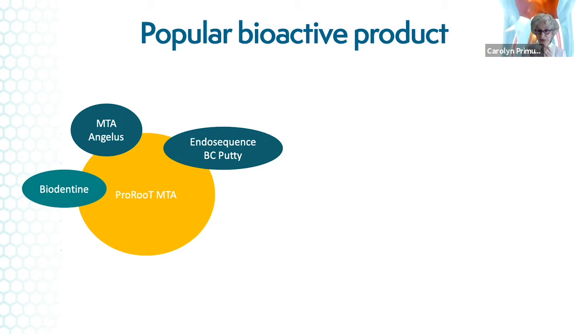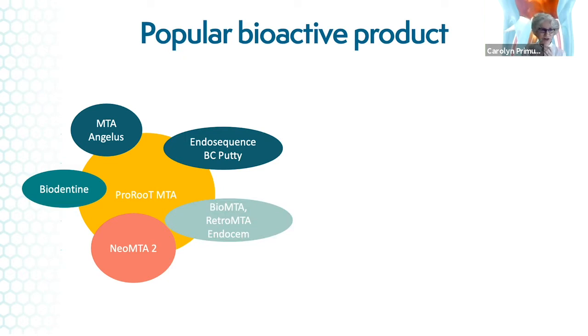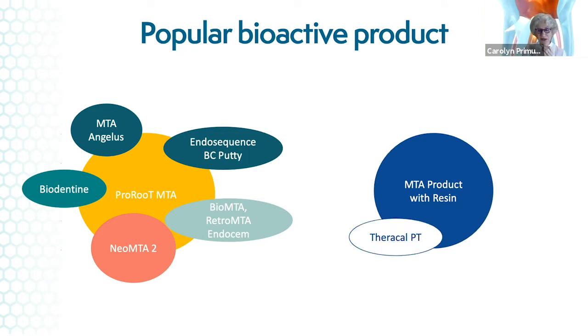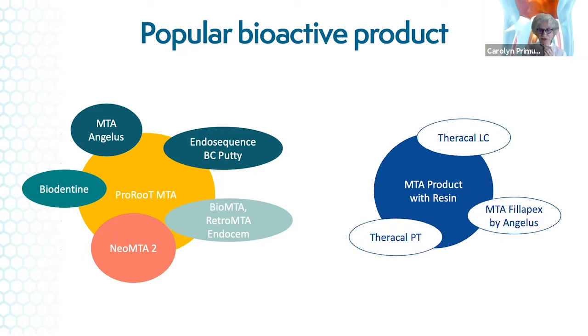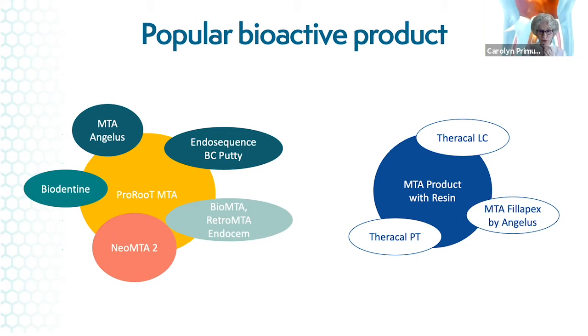The expensive EndoSequence materials and NeoMTA 2. And then there are some other materials from outside the US. Now I have segregated all those on the right from the MTA products that contain resin on the left, because the resin is a diluent for the bioactivity in my mind.